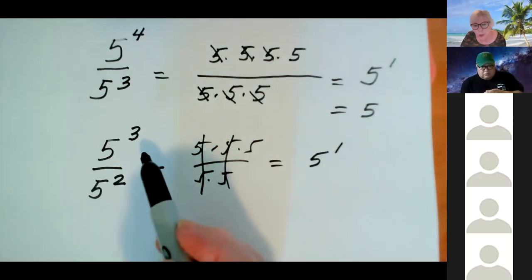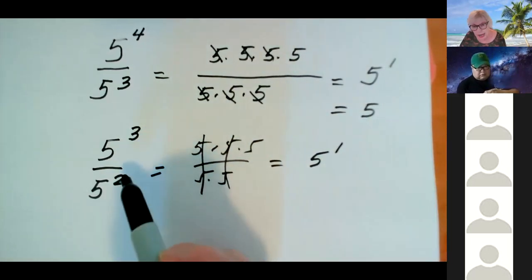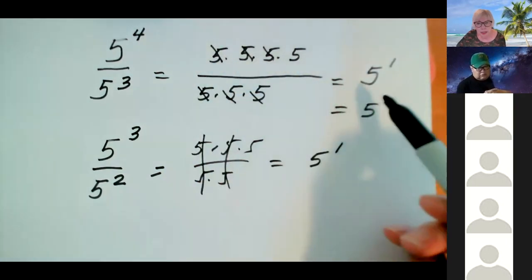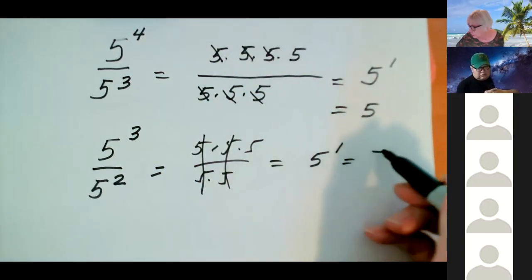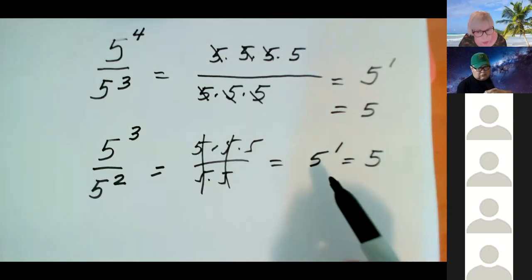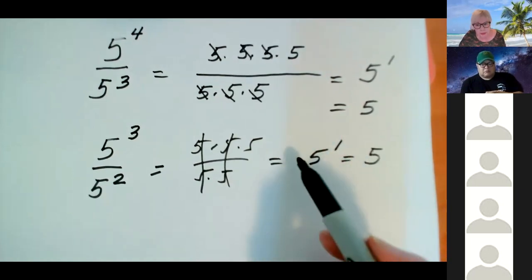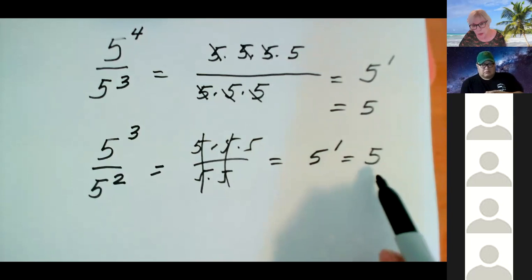And the shorthand way to see that is 3 take away 2 is 1. 4 take away 3 is 1. And so then, of course, it's sort of an unwritten rule that you write the answer in the simplest possible version, and 5 is better than 5 to the 1st, although they're the same thing.